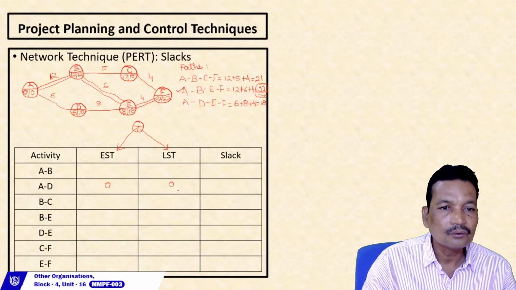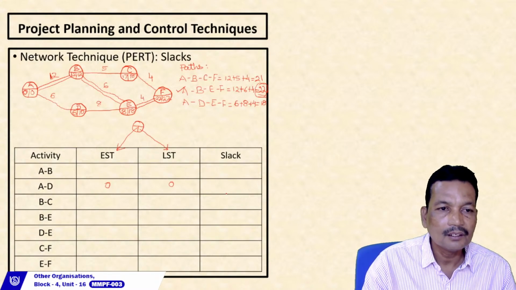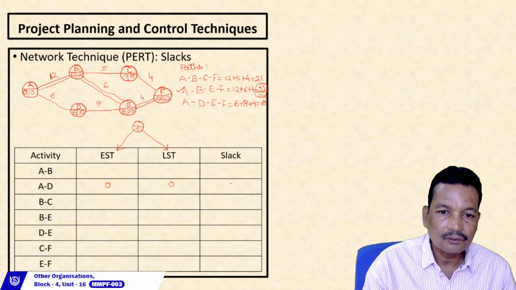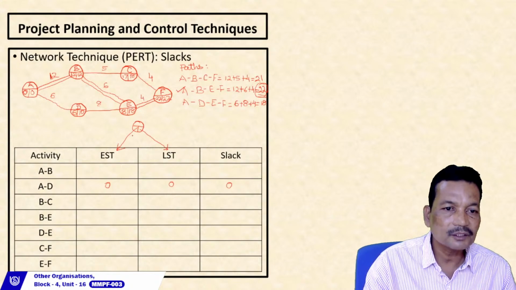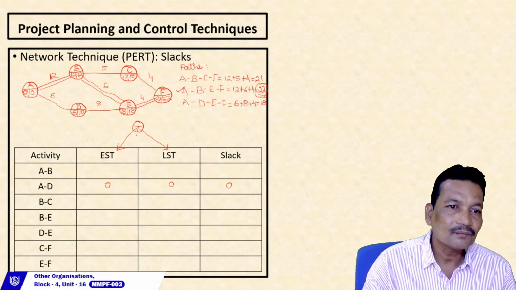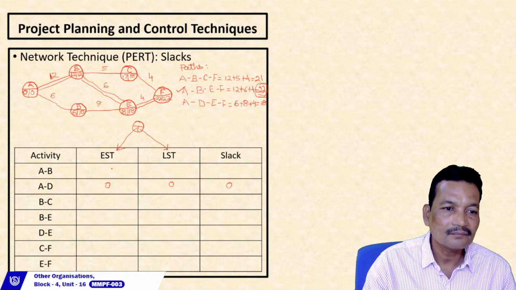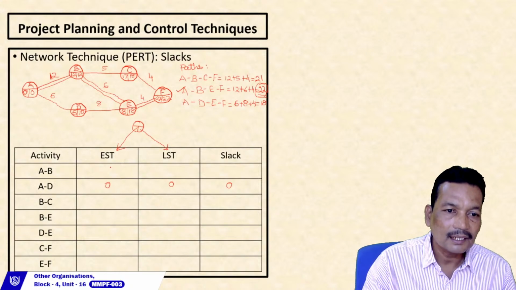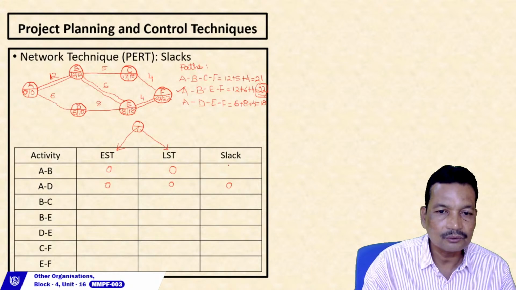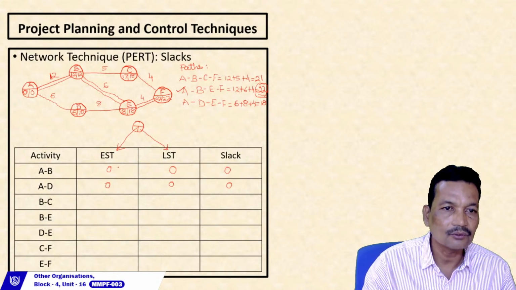So we can have a slack of the difference between EST and LST, that is 0. Similarly, for AB, earliest starting time is 0, latest starting time is 0, so the slack is 0.